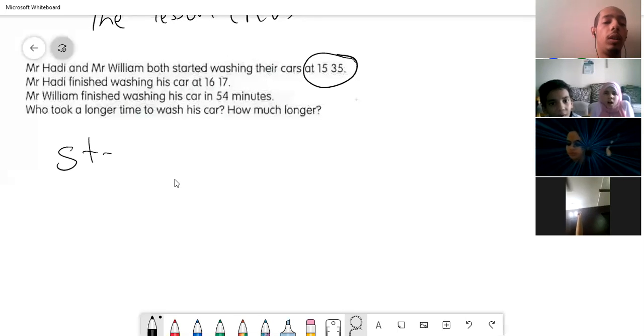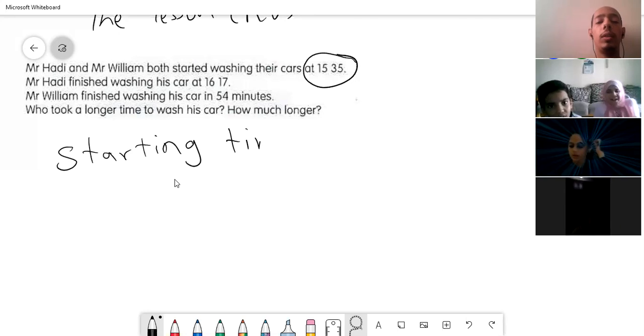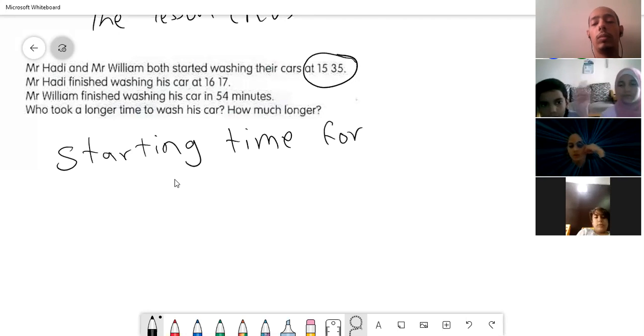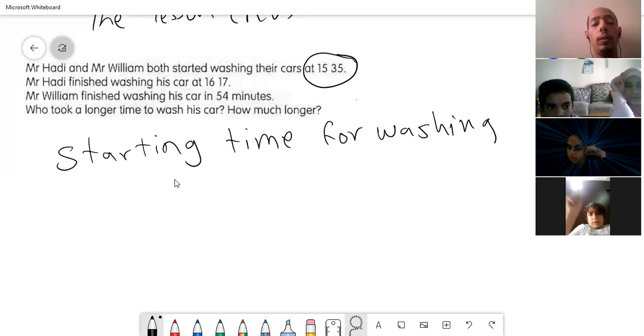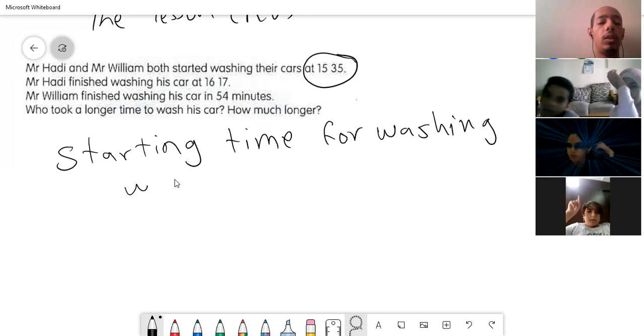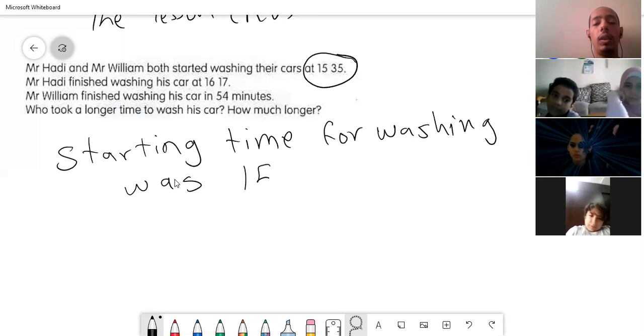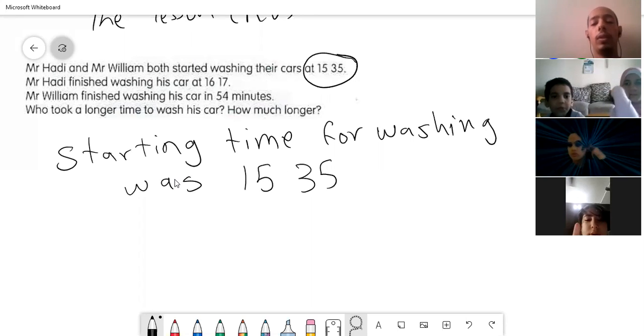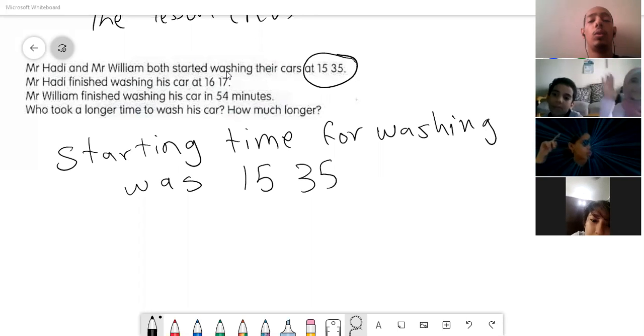What we were given here is the starting time for washing, which was 15:35. Now, are we given the time in the 12-hour clock or the 24-hour clock?